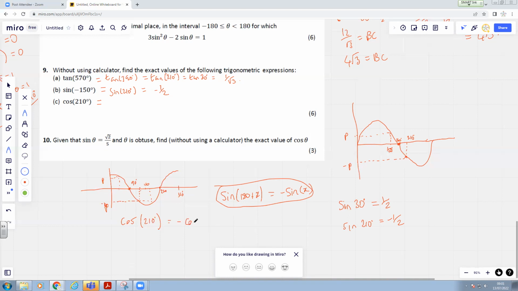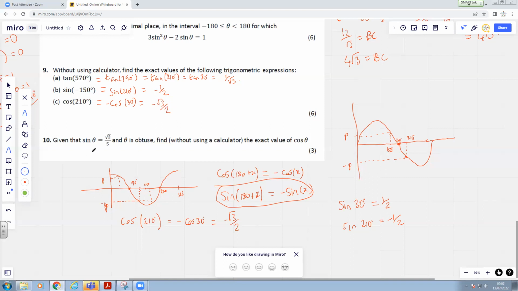And that's because cos of 180 plus x is the same as minus cos x. Cos of 30 plus 180 is cos of 210, so they'll be negatives of each other. Okay, that was quite difficult. It's the same as cos of 30, negative, and that is minus root 3 over 2.